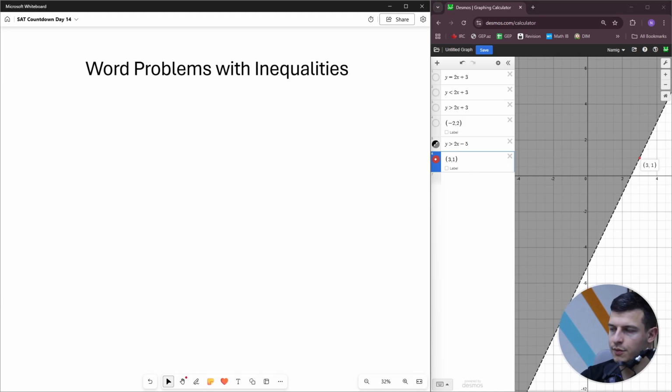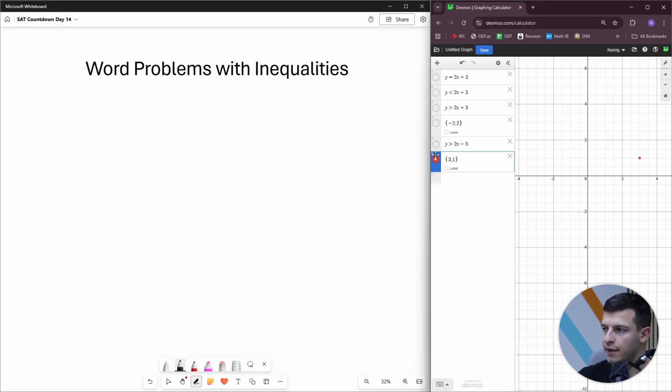Now, word problems are probably the most interesting part of inequalities when it comes to the SAT exam. What we have to pay attention to when it comes to word problems is the wording, obviously, because it's a word problem. What type of words are we looking for here?